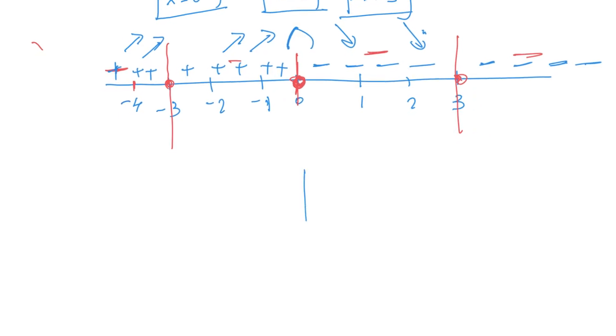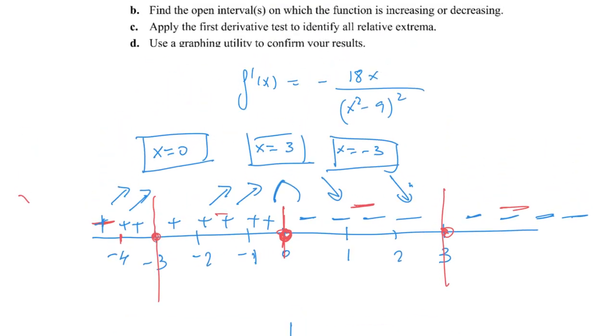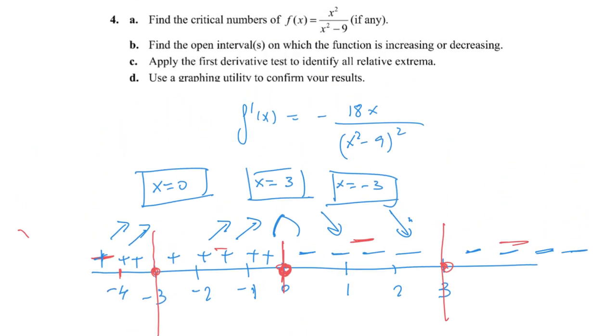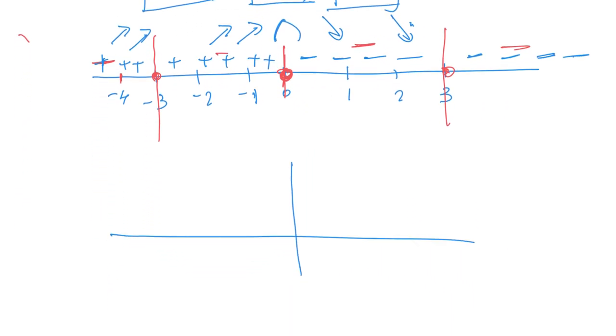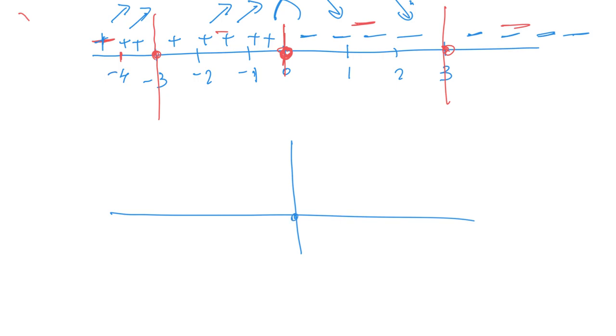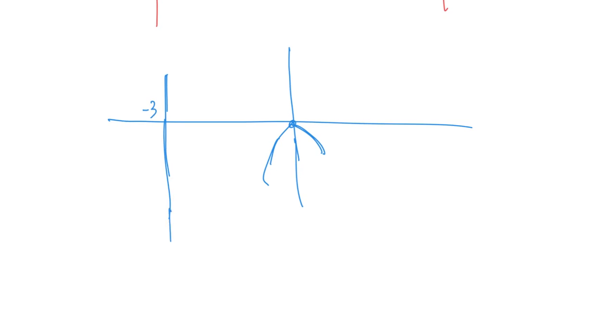Let's draw a little bit how it will be. At x equals 0, the value of the function will be 0, but here is a maximum. At x equals minus 3, in this interval the function is positive.